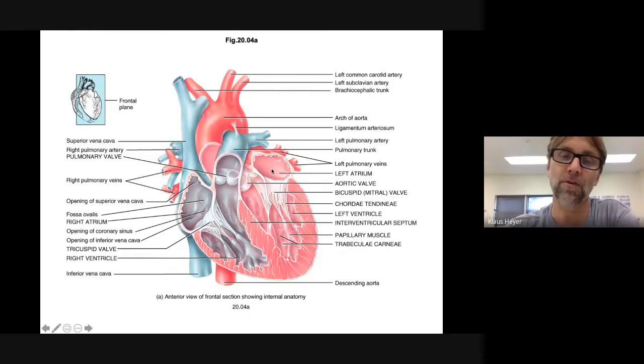The receiving department are the atria. So here's the atrium. This one here is the left atrium. This is the right atrium. They receive blood, that's it. Blood drops into these two chambers.